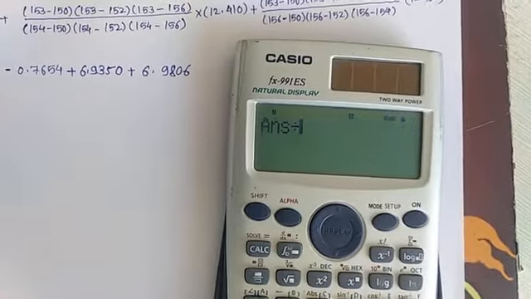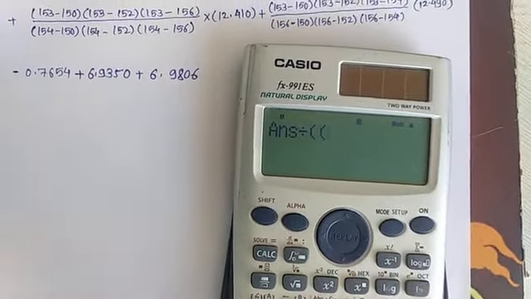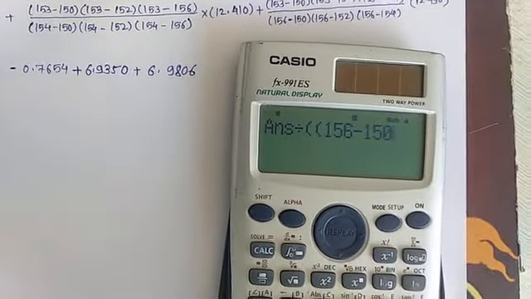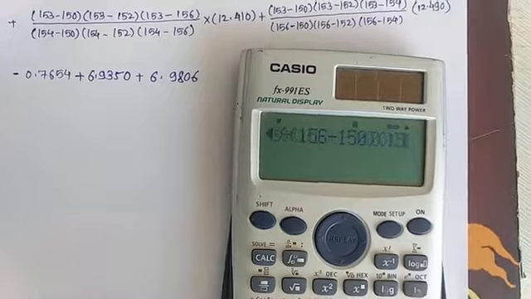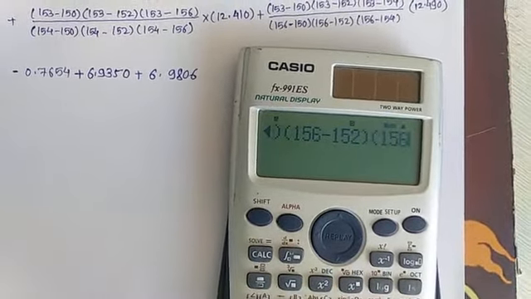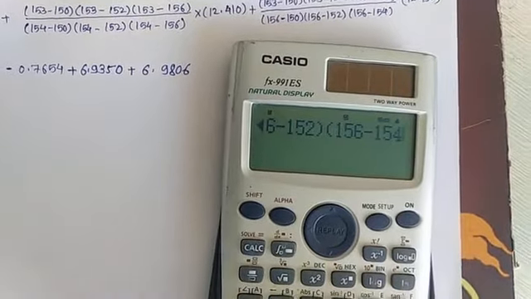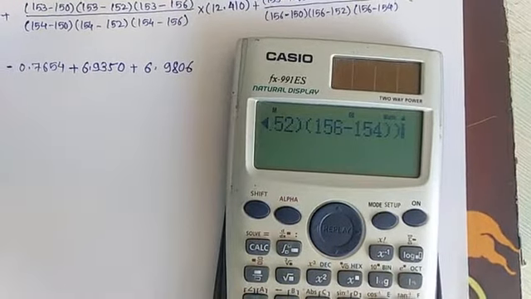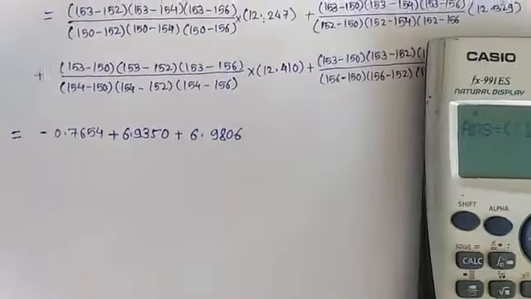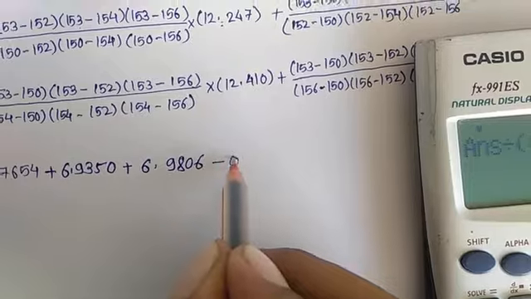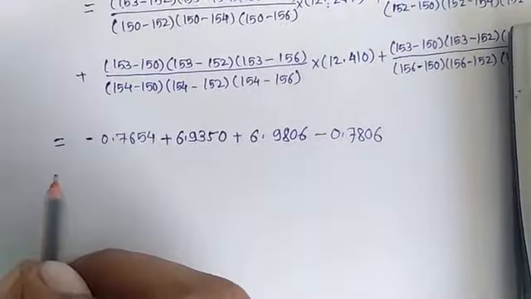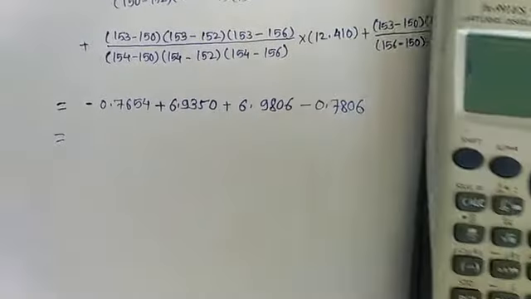It is divided by the denominator with double brackets: 156 minus 150, next 156 minus 152, next 156 minus 154. The bracket is complete, which gives us minus 0.7806.